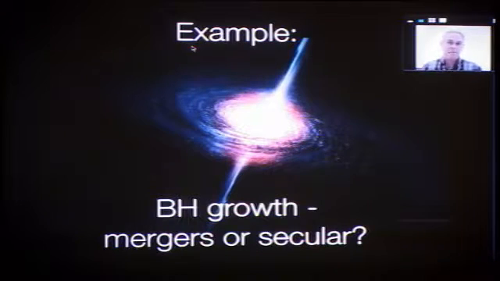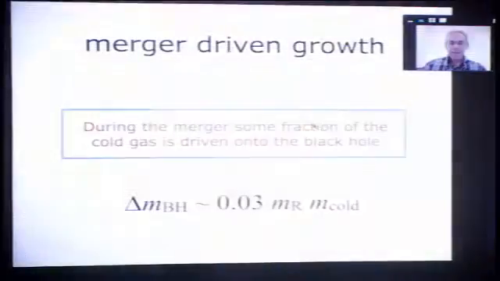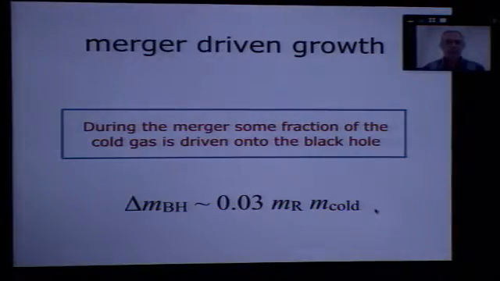And in equilibrium, the gas will just sit in the galaxy and not enough will be driven down onto the black hole. All right. So mergers primarily are the dominant mechanism through which people think black holes grow. So during the merger, some fraction of the cold gas is driven onto the black hole. And most semi-analytic models work under this assumption, or have until the last few years.